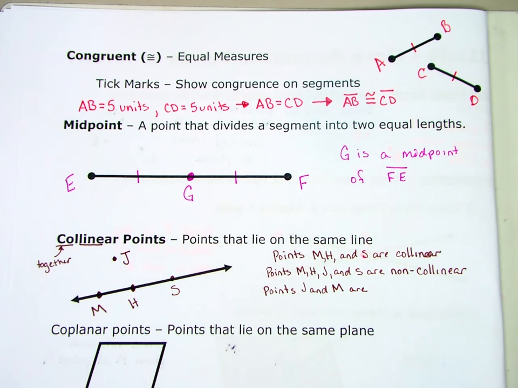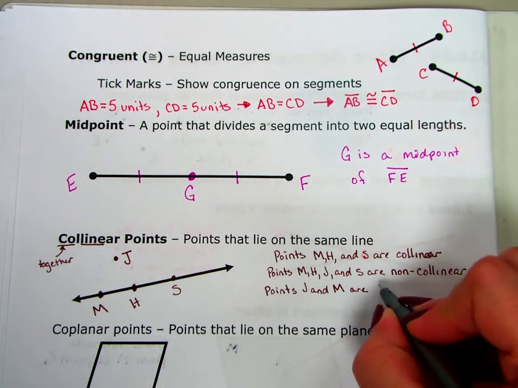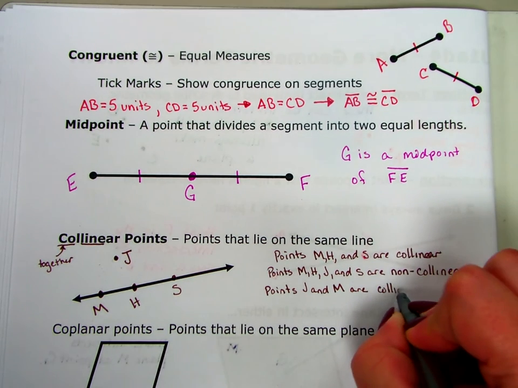Remember I told you, it doesn't matter where the 2 points in the whole wide world are, they're collinear. I could have a point here and a point in Australia, and I could draw an invisible line. It might have to go through the earth, but I could draw it. So they are collinear.